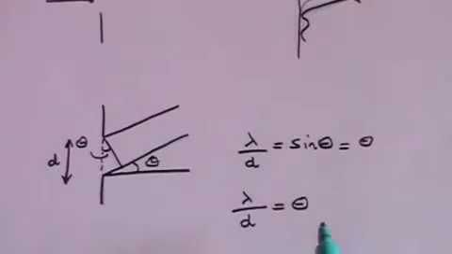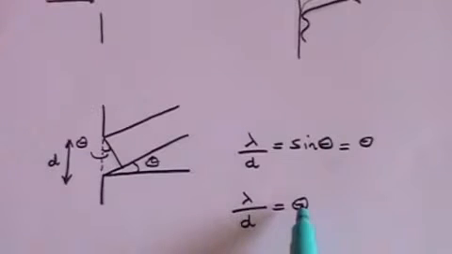And if your angular separation is smaller than theta, you won't be able to resolve it. If it's bigger, you will. Consequently, if d is large, then theta will go smaller. If d gets larger, theta goes smaller.